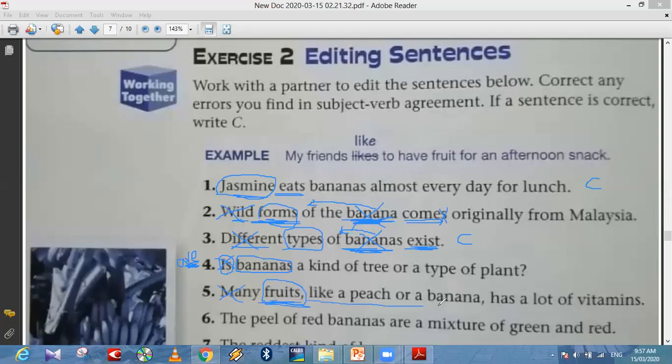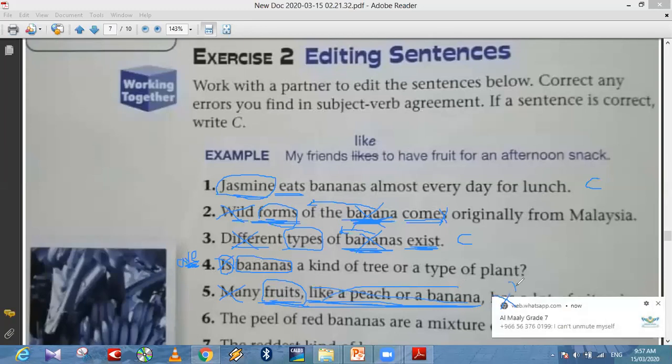Like a peach or a banana is an interrupting phrase that comes between the subject and the verb, and it's not part of the subject. Here fruits is plural, so this must be have, not has.